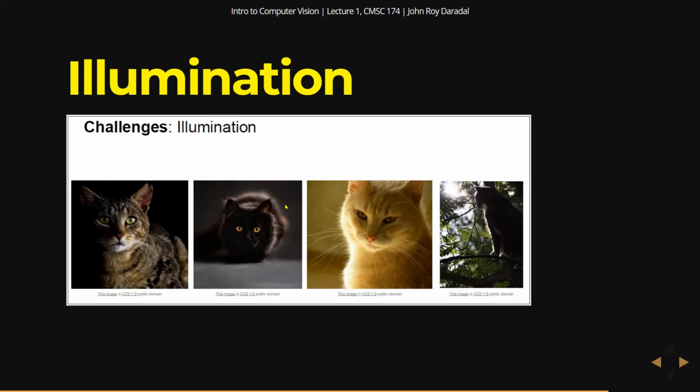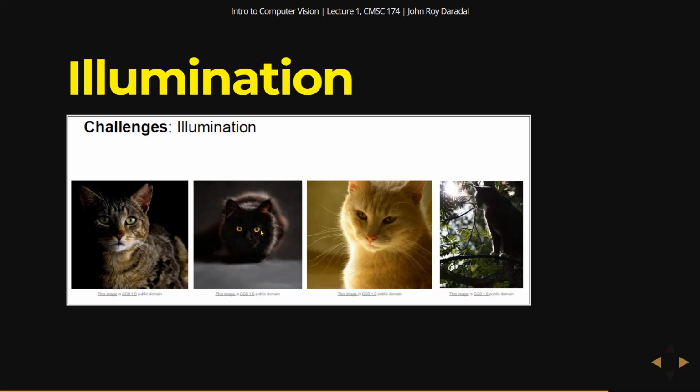And then, as I mentioned, illumination changes things. We know that these are pictures of cats, right? But because of illumination differences, it might be difficult for the computer to recognize that these are cats. For example here, it's slightly dark around the background, with better lighting around the center.